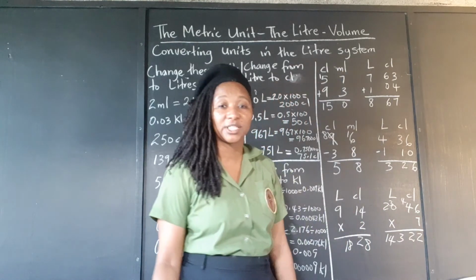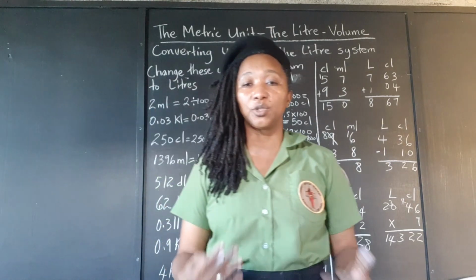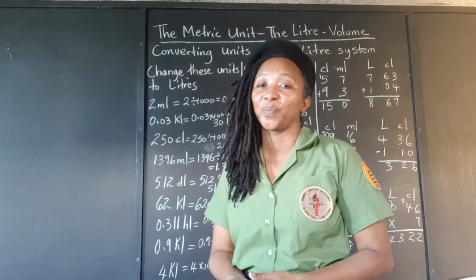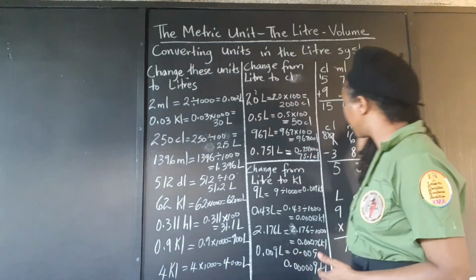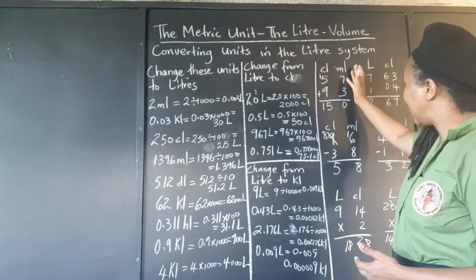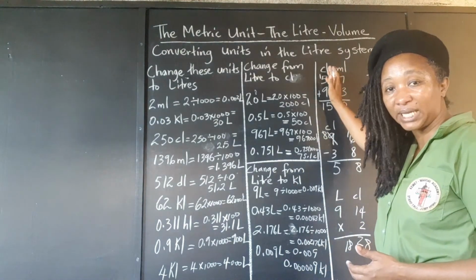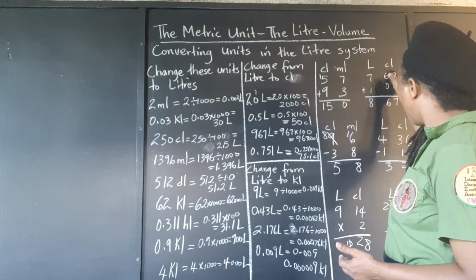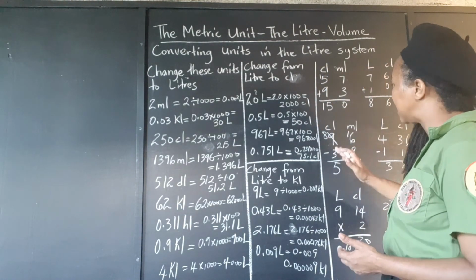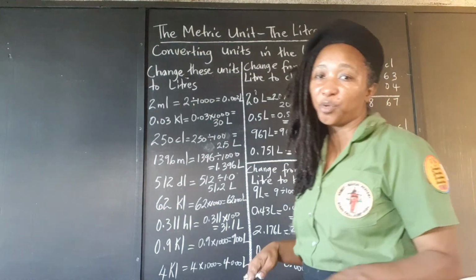Right? So just bear that in mind. We would just do it like we normally do. Once it's set out correctly, so 10 milliliters, 1 centiliter, 100 centiliters, 1 liter, once it's already set out like that, you have no problem.